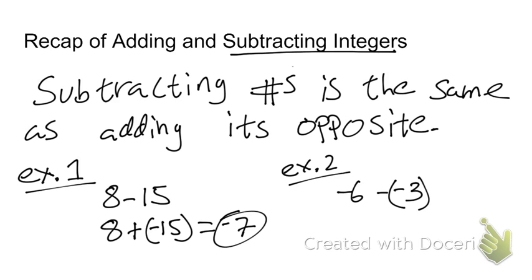So subtracting -3 is the same as adding, what's the opposite of -3? +3, right? So subtracting a number is the same as adding its opposite. The opposite of -3 is +3.